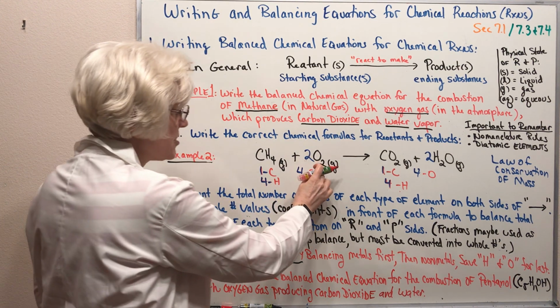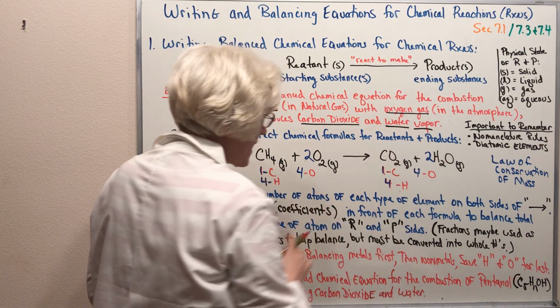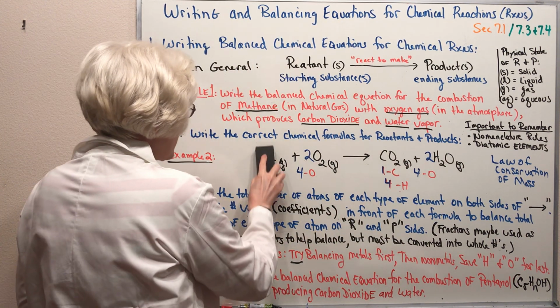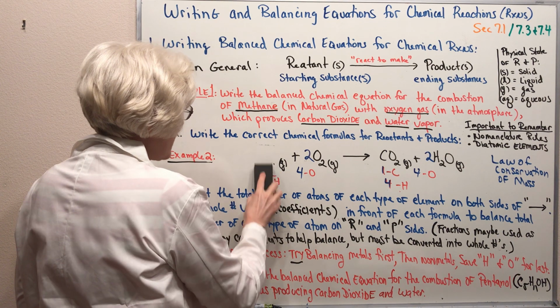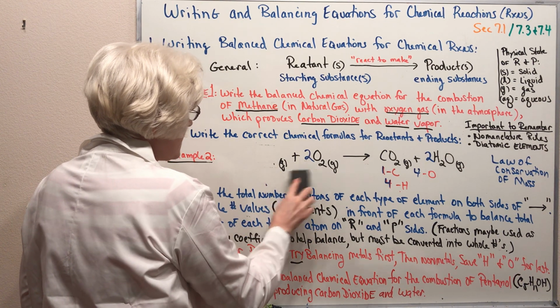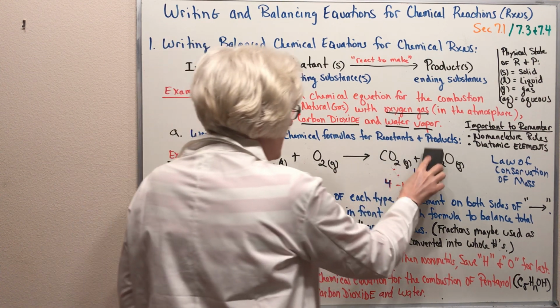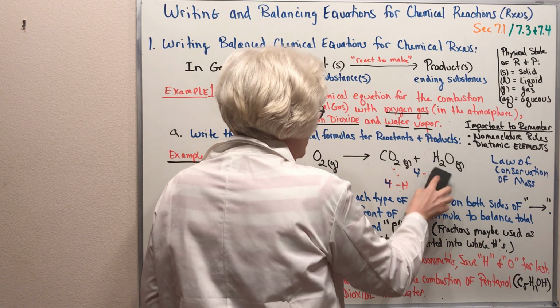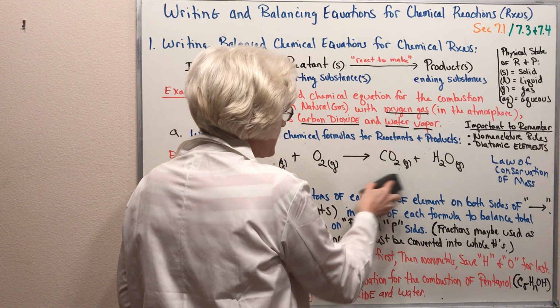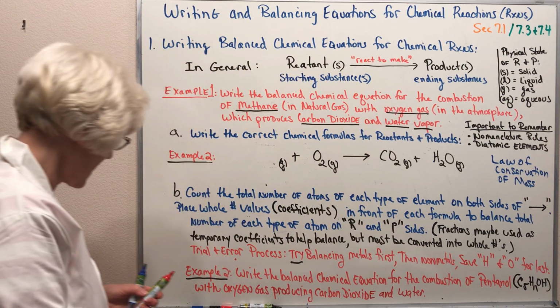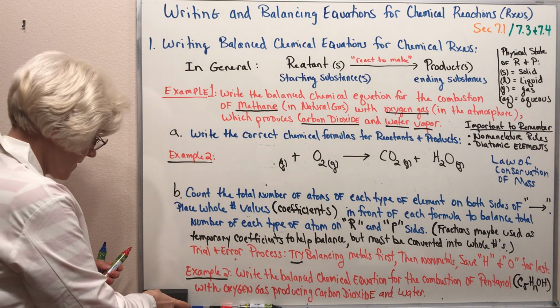I see that oxygen is a reactant, carbon dioxide and water are our products. So then I can easily come in and erase minimally and start all over again with example number 2. So I'm trying to be efficient with the writing that I have here up on the board.